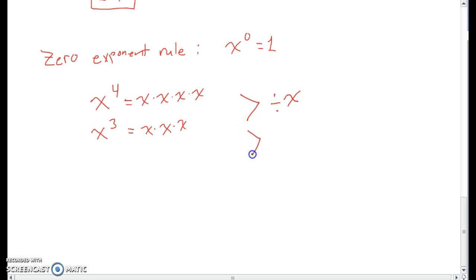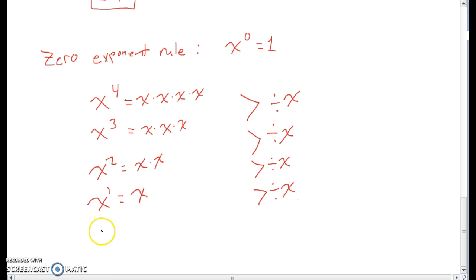If we divide by x one more time, we get x squared, which is just x times x. If we continue that pattern, x to the 1st, and anything to the 1st power is itself, is just x. Let's continue the pattern one more time, and now we get x to the 0th. We're going 4, 3, 2, 1, 0.